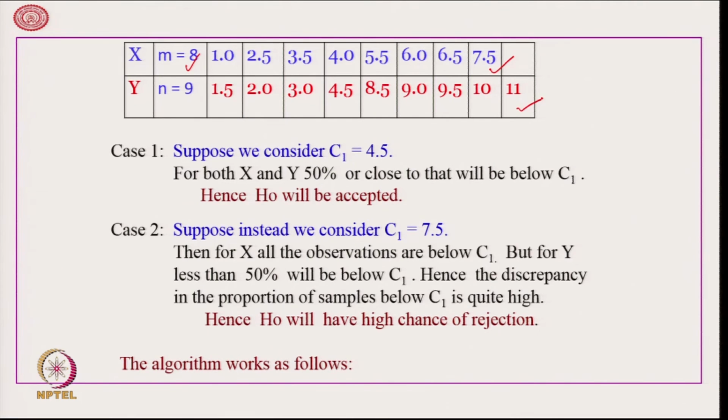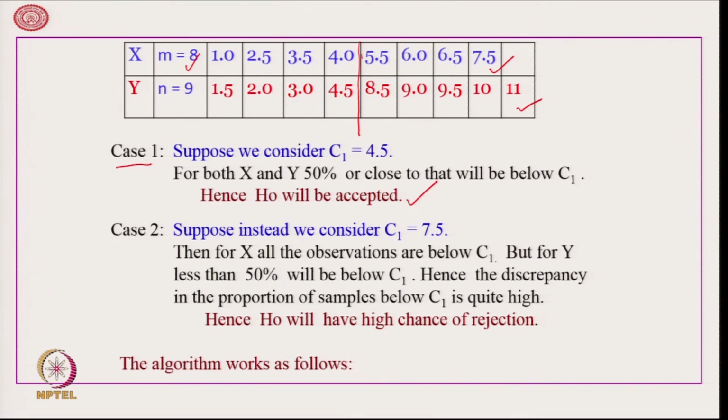Now, consider case 1 where we have chosen C 1 to be say 4.5. So, 4.5 which comes somewhere here, we can see that 4 observations from x and 4 observations from y are below the 4.5 or less than equal to 4.5. Therefore, there is hardly any difference in that proportions, and therefore, H naught is going to be accepted.